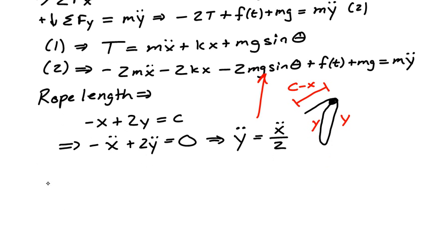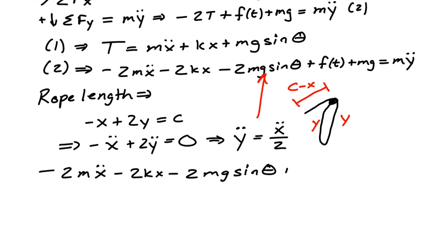I'm going to have minus 2 times m times x double dot minus 2 times k times x minus 2 times mg sine theta plus f of t plus mg is equal to 1/2 m x double dot.